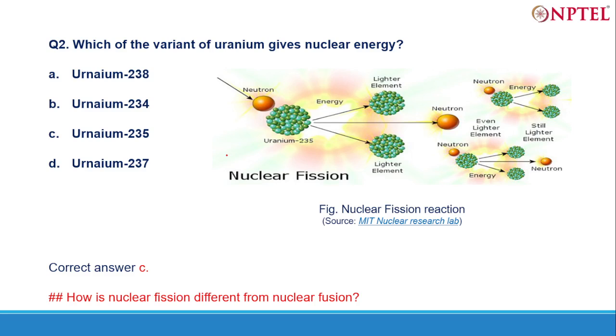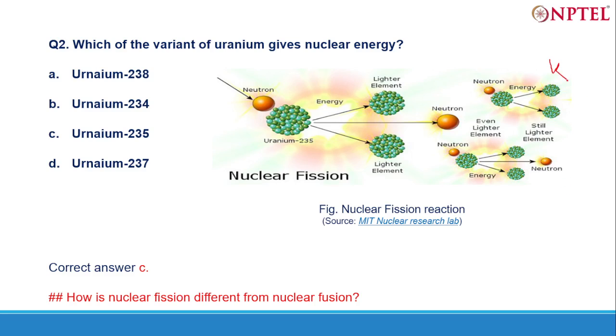These radioactive atoms undergo decays and are bombarded with neutrons. These neutrons bombard another uranium 235 atom. Similarly, a chain reaction proceeds, and at last the product is krypton plus barium.